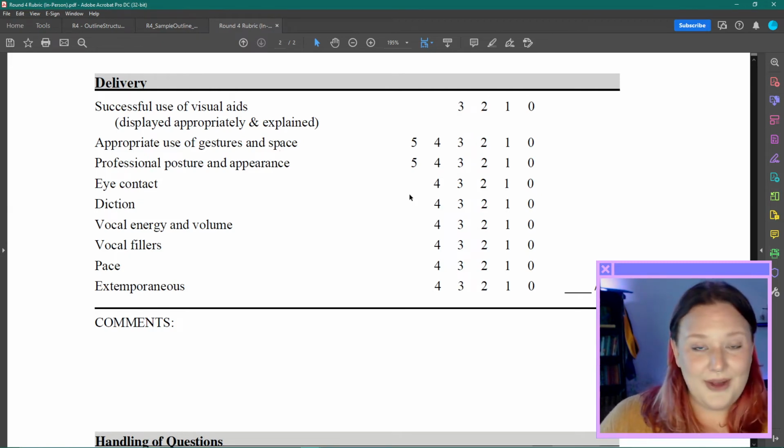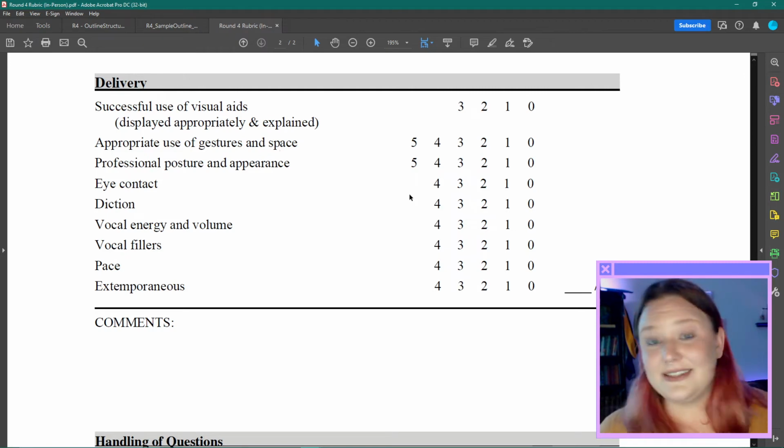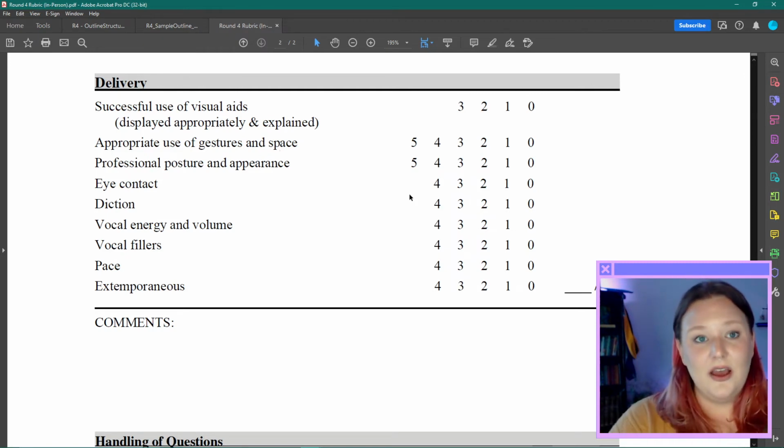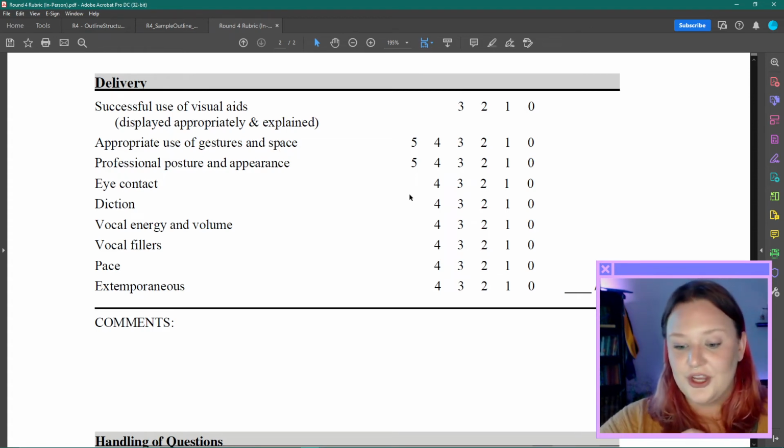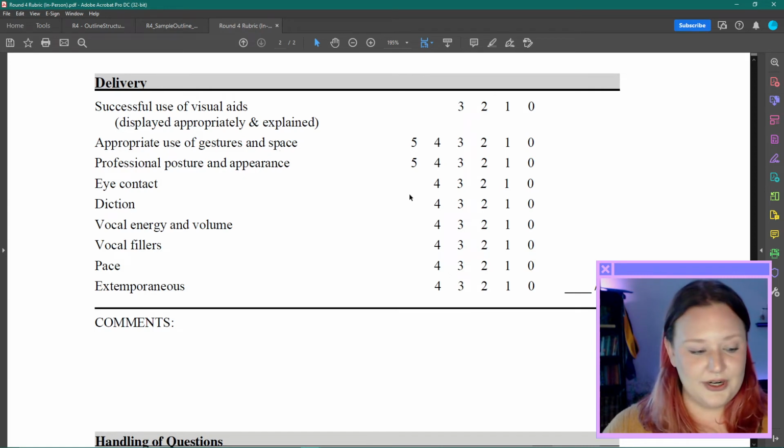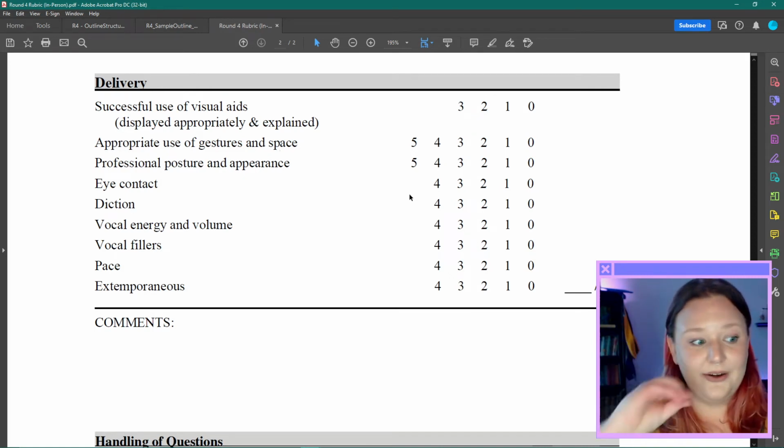A lot of you have really great instincts for gestures, and I've commented on those already. So as you're practicing your speech this round, start playing around with gestures more. Start brainstorming where in your speech you can incorporate some of them in.